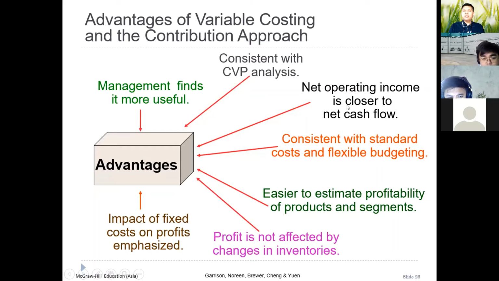The net operating income is closer to net cash flow, consistent with standard cost and flexible budgeting, easier to estimate profitability of products and segments. Profit is not affected by changes in inventories, and the impact of fixed costs on profits is emphasized. Why? Because in this variable costing, all fixed costs are presented as part of the expenses. They do not enter the inventory account.